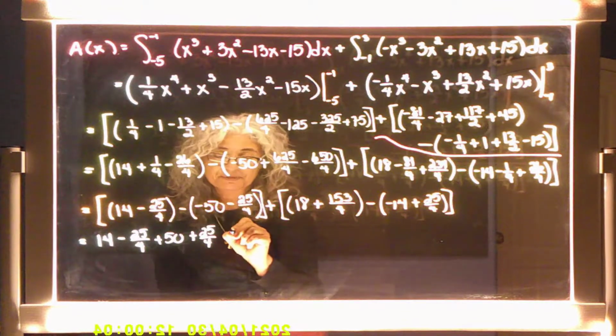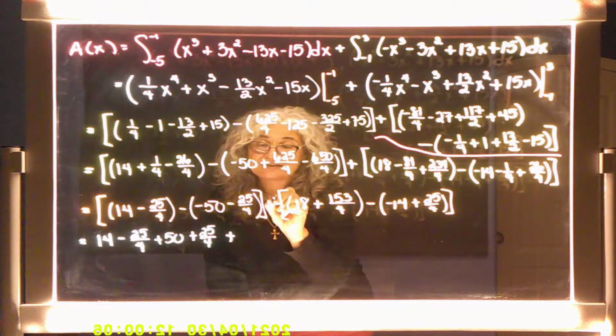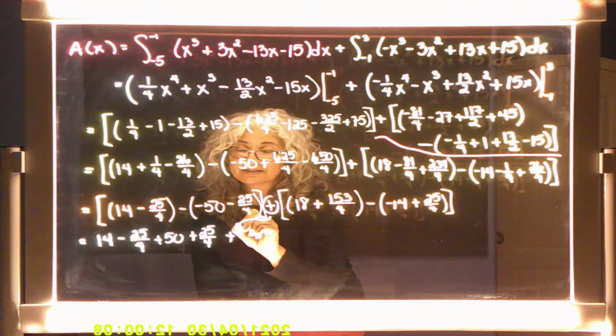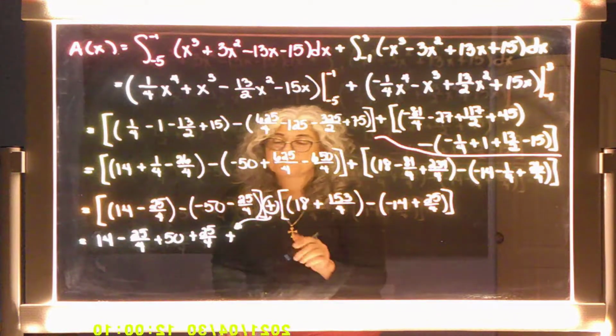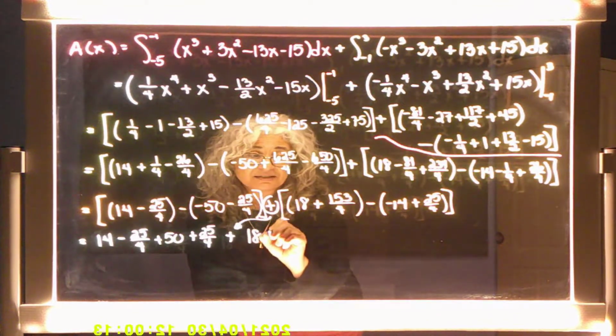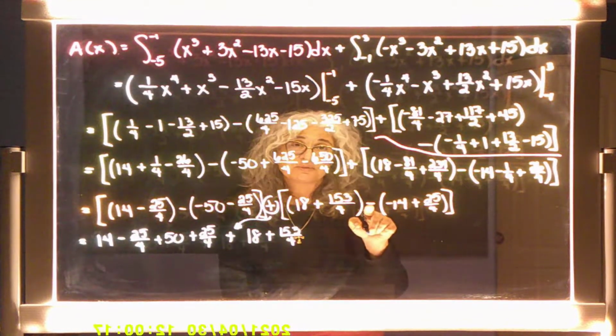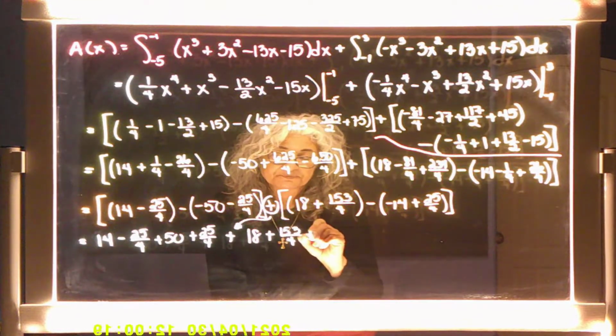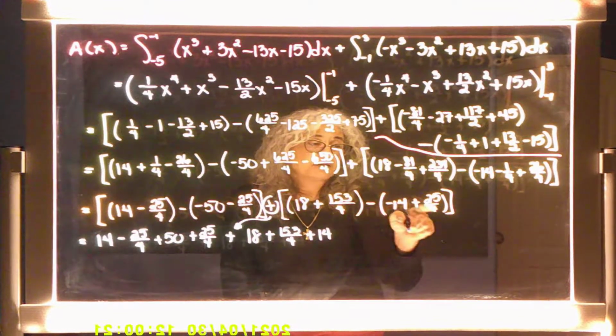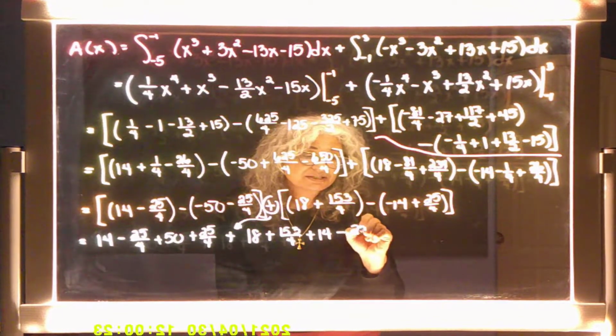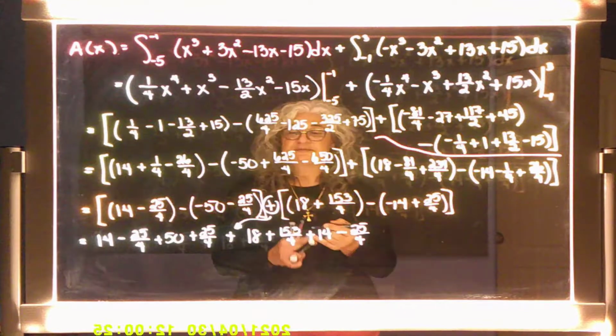Yay! Okay, plus. Let's get to that second half. That's that plus sign, in case some of you got a little bit lost. 18 plus 153 over 4 minus a negative 14 plus 14 minus 25 over 4, right?